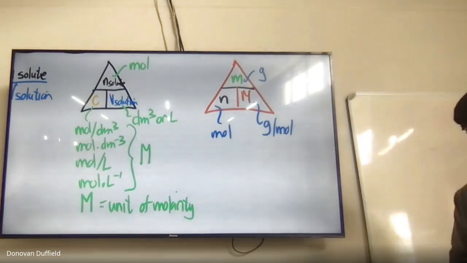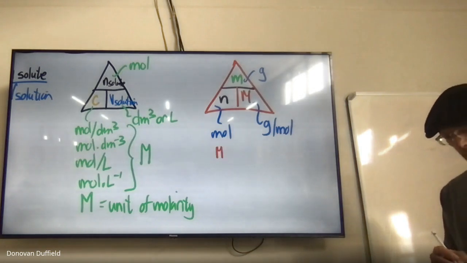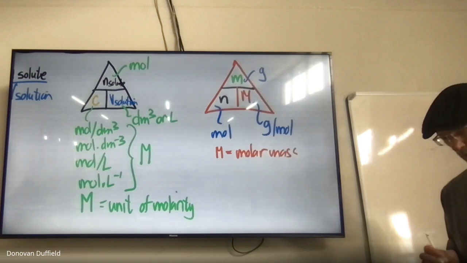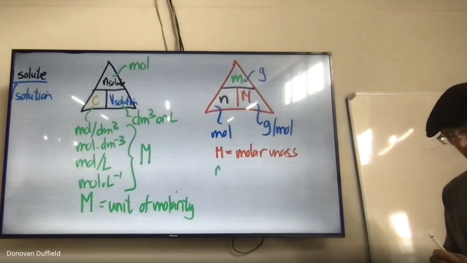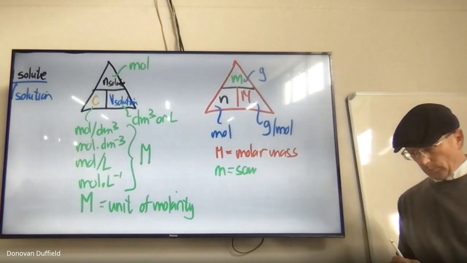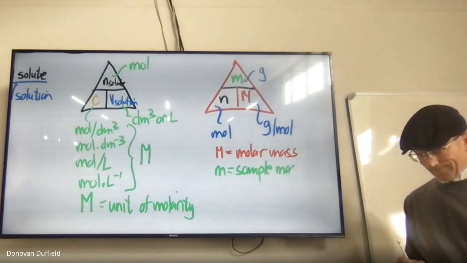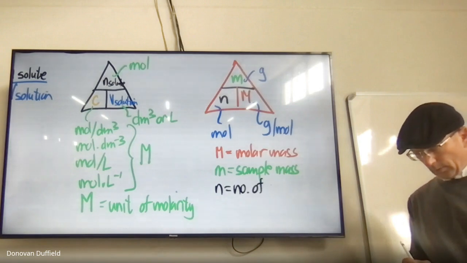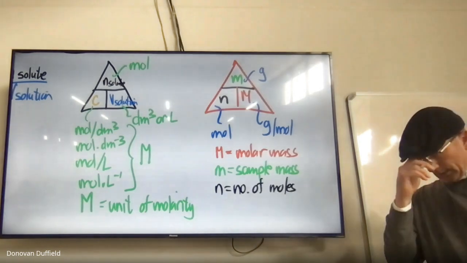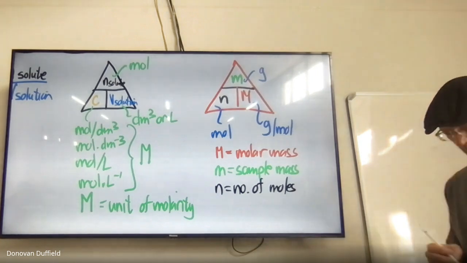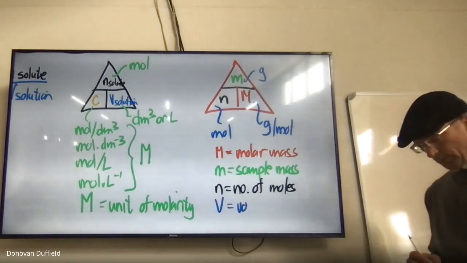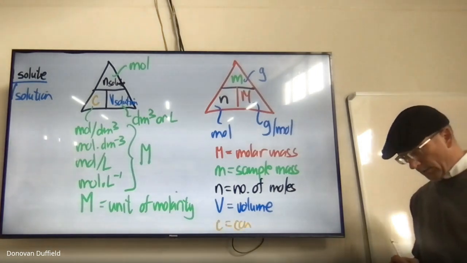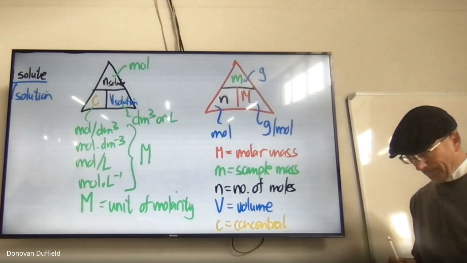Let's be very clear about what these different things mean. Big M is molar mass as a unit. This little m is the sample mass. This n is the number of moles. V is volume. C is concentration.